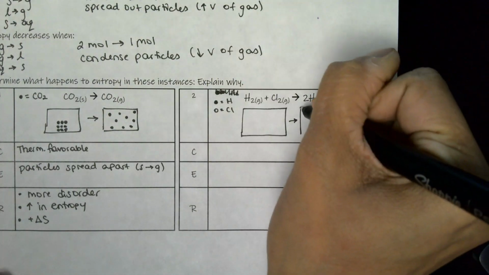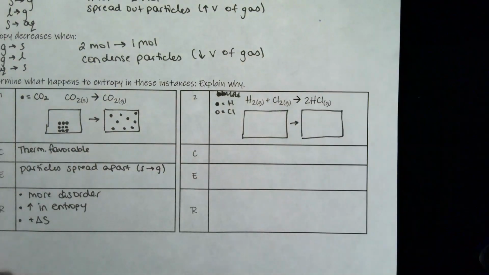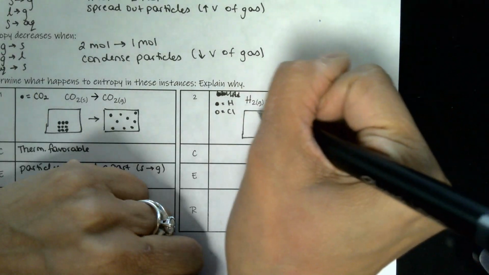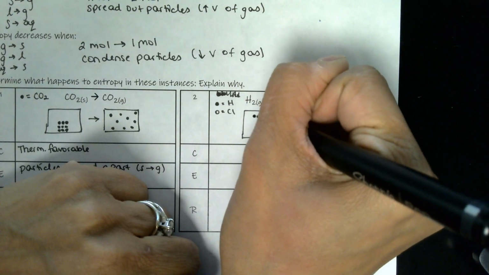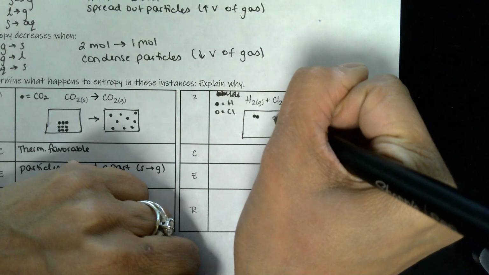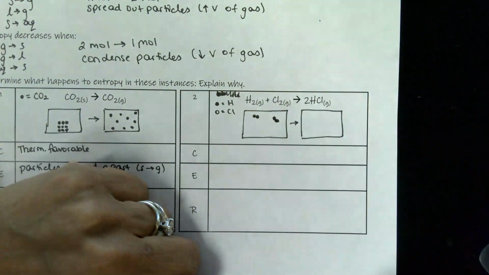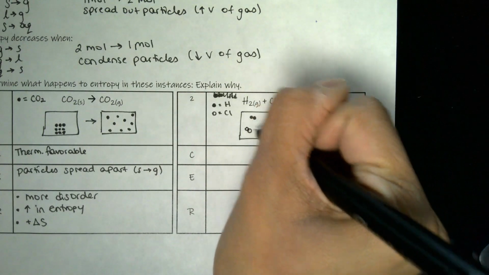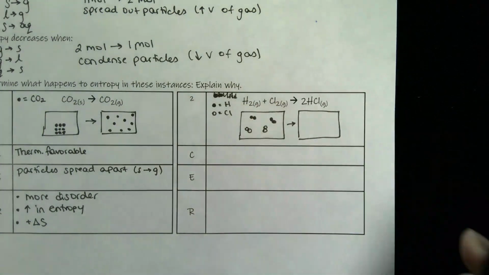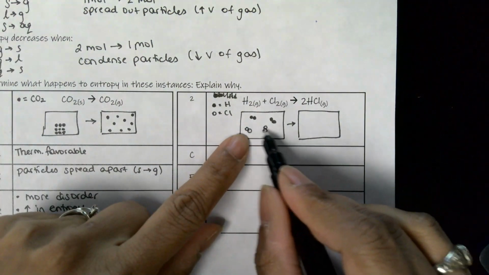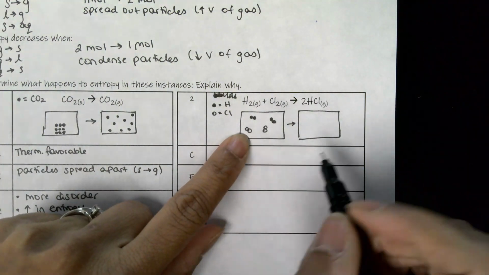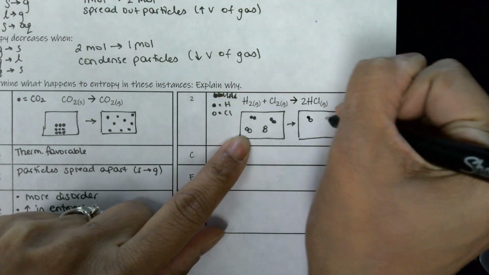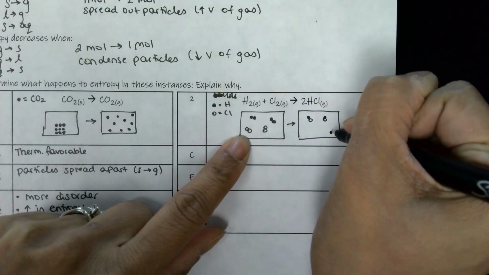The size of the container, we're assuming, has not changed, so try to draw your boxes closer together in size than I have. And we have equimoles of them. Because these are diatomic, I'm going to show that they are together like that. So maybe I show 2 moles of H2 and 2 moles of Cl2. I'm going to break these bonds between the H2 and then between the Cl2 and then reform HCl. So now I've got these two combining together.